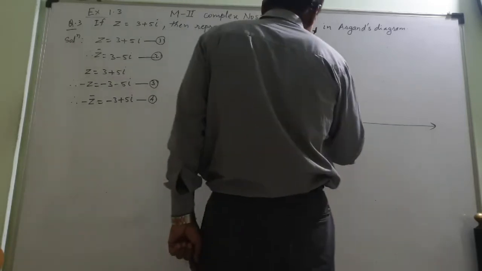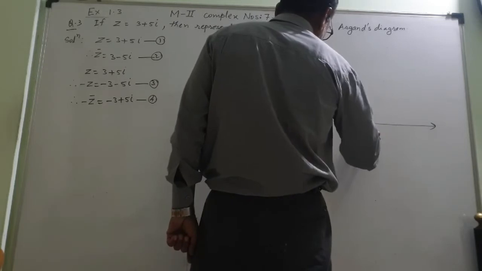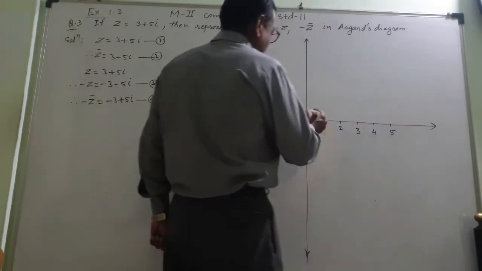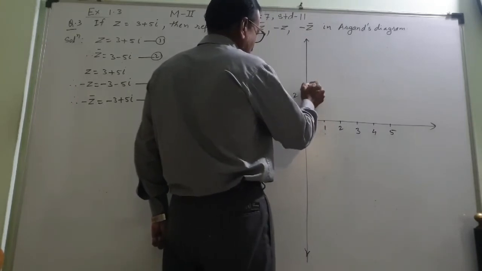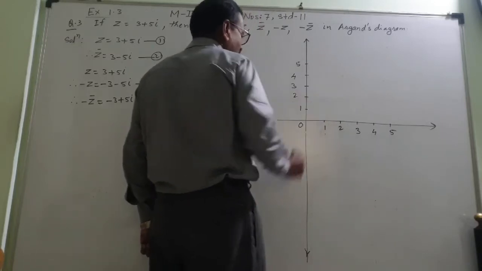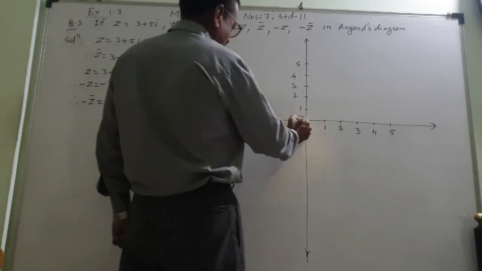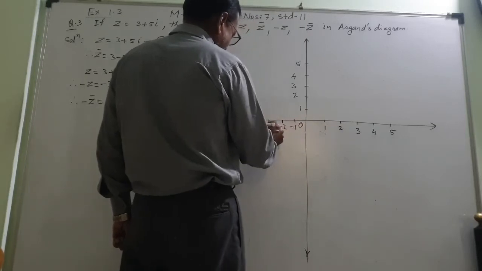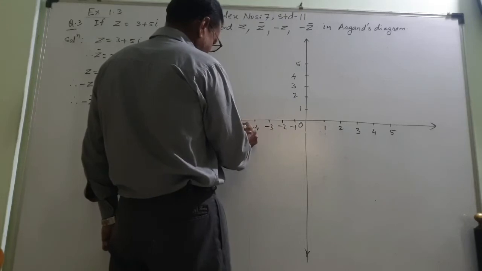So I will make this as 1, 2, 3, 4, 5. This is 1, 2, 3, 4 and 5. No need to take the graph, you have to do on the plain page. This is minus 1, minus 2, minus 3, minus 4, minus 5.